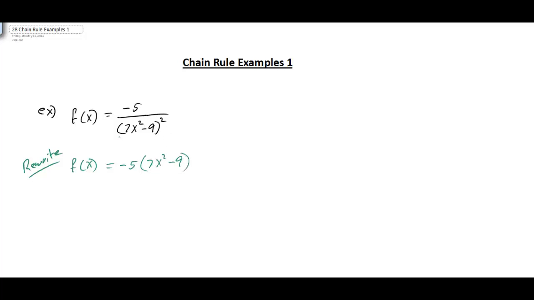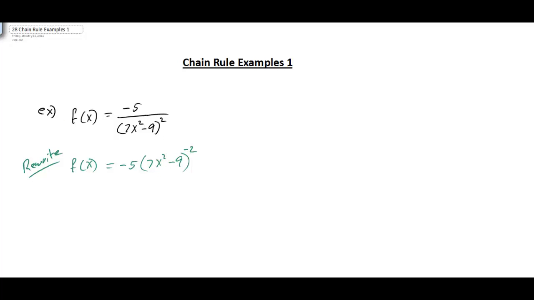But if we move this piece to the top, our exponent now has to change, so instead of a +2, it becomes a -2. Now we have just a constant multiple rule with the -5, and then we have 7x squared minus 9 to the -2, where we could simply apply the chain rule.